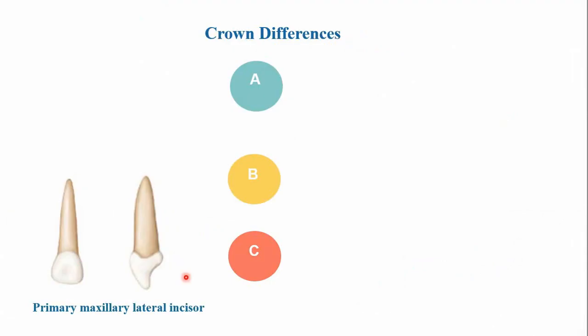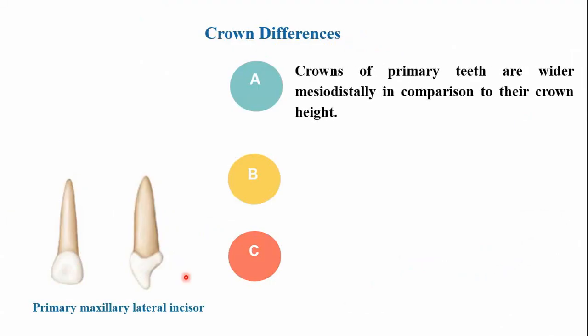The crown differences. Crowns of primary teeth are wider mesiodistally in comparison to their crown height, as demonstrated in this figure. The mesiodistal width of the primary maxillary lateral incisor is greater compared to its crown length.